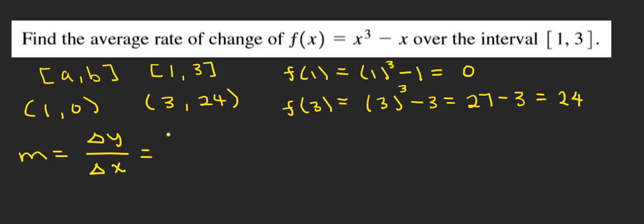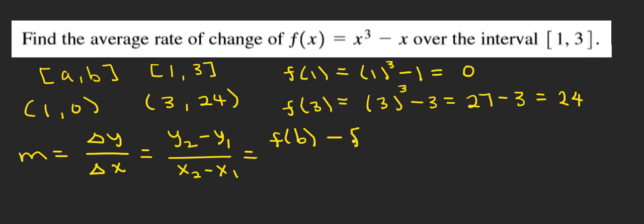In algebra, you're used to seeing y2 minus y1 over x2 minus x1. It's the same thing as f of b minus f of a over b minus a. So this is a, that's f of a, b, f of b.